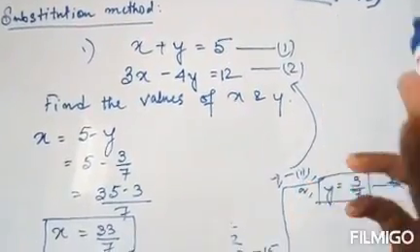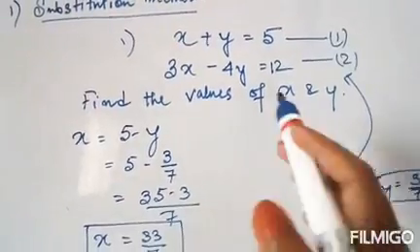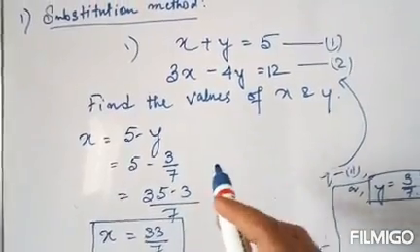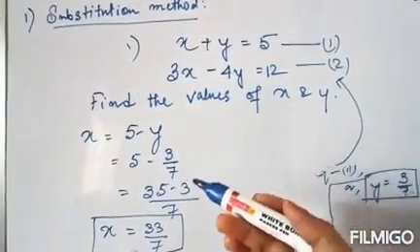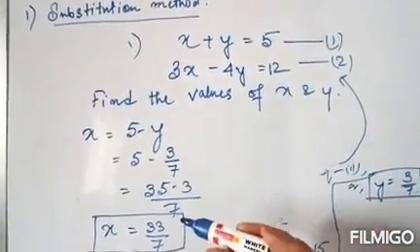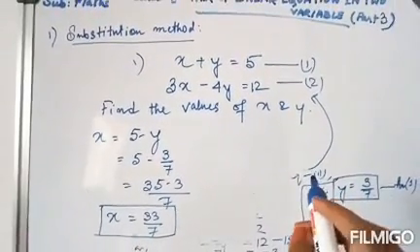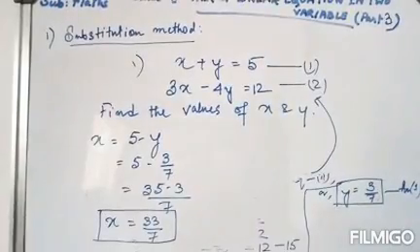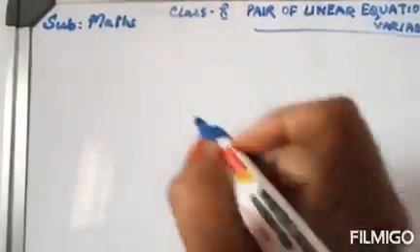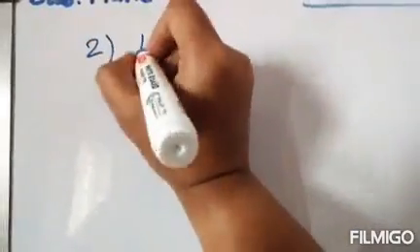That value we are going to substitute in the second equation, and hence we find the value. This is what the substitution method is. Easy enough? Okay. Next is our elimination method.